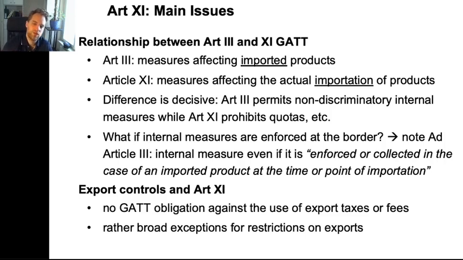Because GATT Article 3 affects imported products, whereas GATT Article 11 is regulating measures that affect the actual importation of products. So while they're standing at the border waiting to enter a market, that is Article 11, whereas Article 3 says, okay, now you've already entered our market, now I'm going to take care of you.